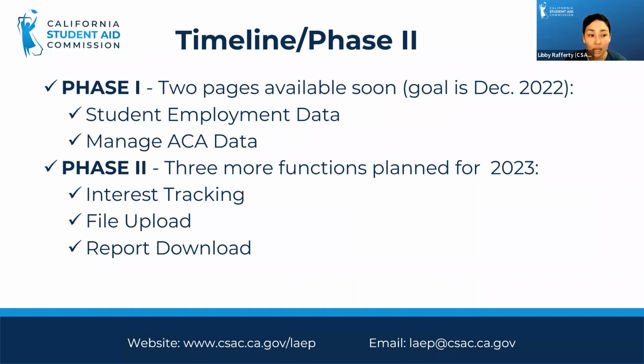Then report download would be either its own page where you could download a report. We're hoping it will have its own page because we're hoping to really get with the times and have it be where you can download an Excel file instead of having to download a text file and export it to Excel. If you're using WebGrants now, you know that we don't usually have a downloadable Excel file.